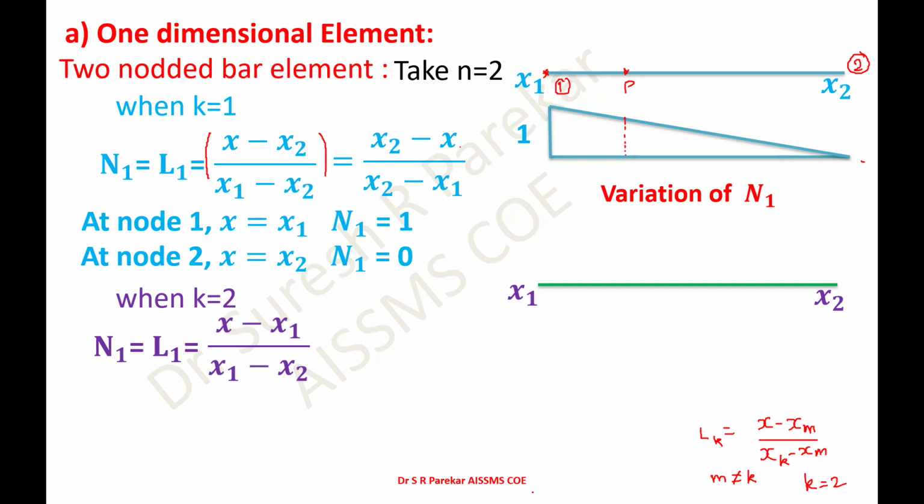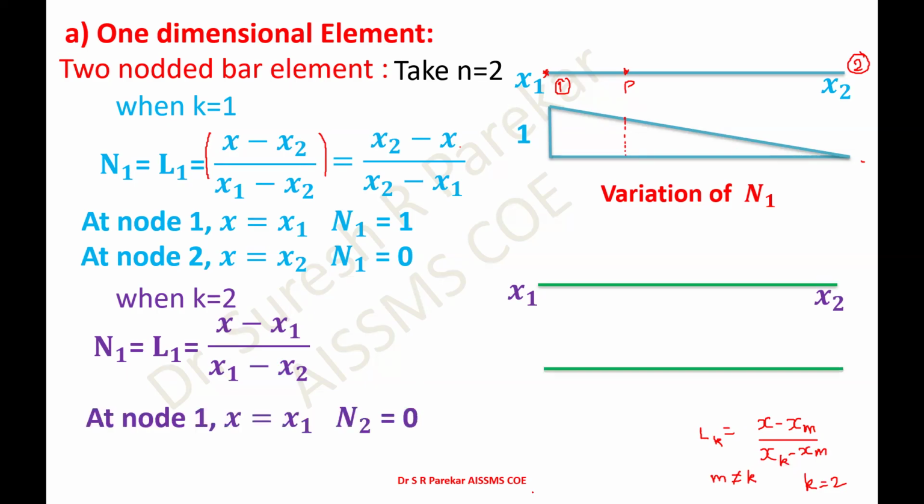And now we will put in values. At node 1 we have x equal to x1. If I put x equal to x1, it becomes x1 minus x1, so 0. So my value of N2 at 1 is 0. At node 2 we have x equal to x2.